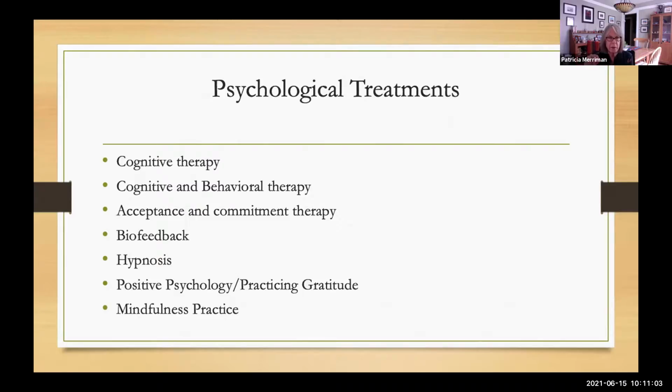Acceptance and commitment therapy is a relatively new area, and it took cognitive therapy and kind of added some factors to it. So it definitely involves developing goals and a lot of acceptance about how things are without feeling like that's a loss.